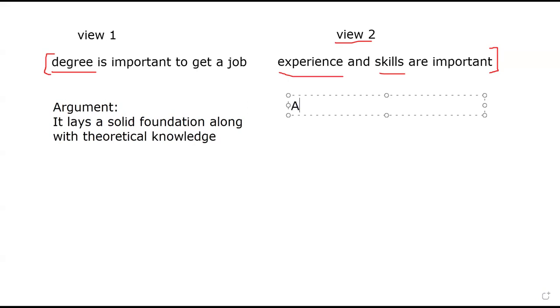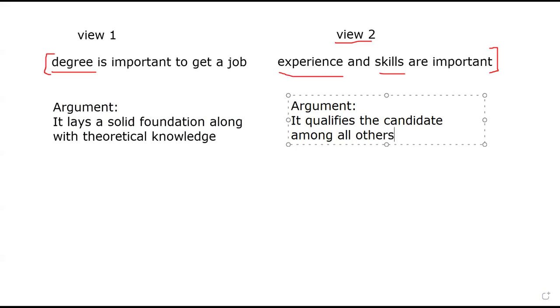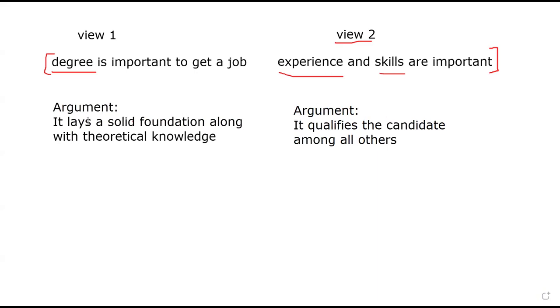And for view 2, our argument, let's say, we can say that experience and skills are important because it qualifies the candidate among all others. Okay, so that's the very first step.